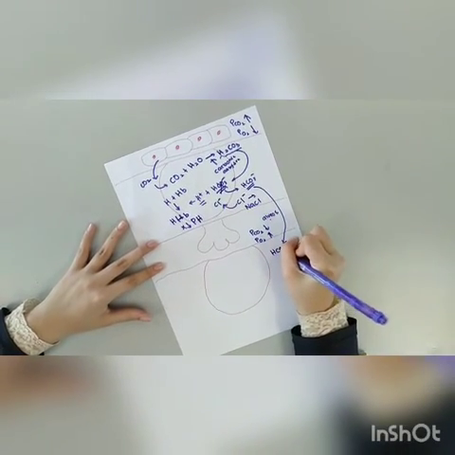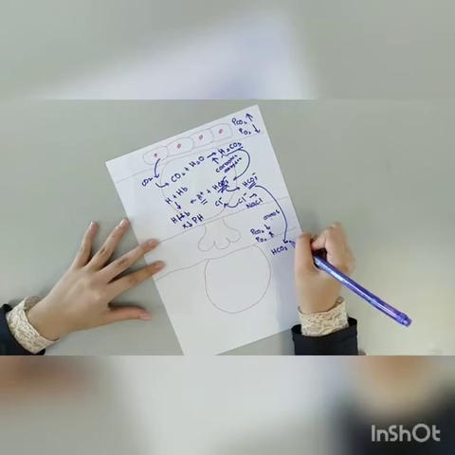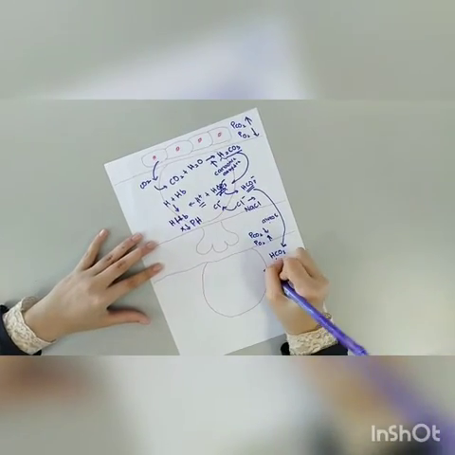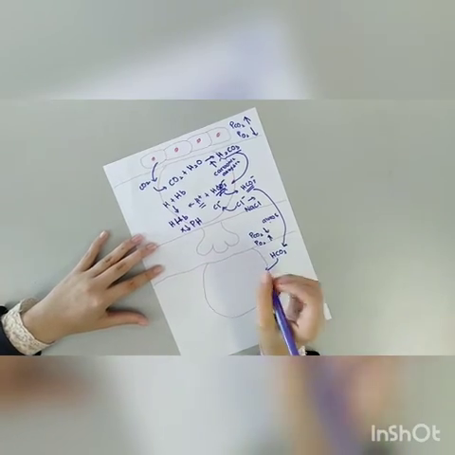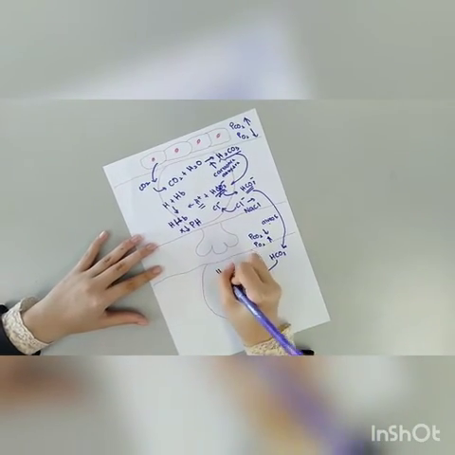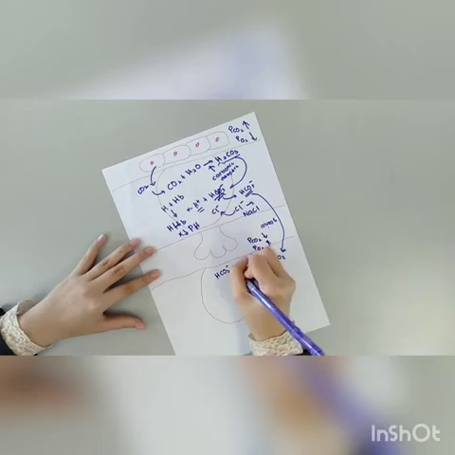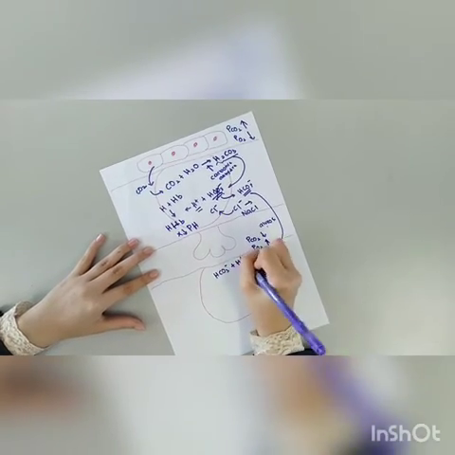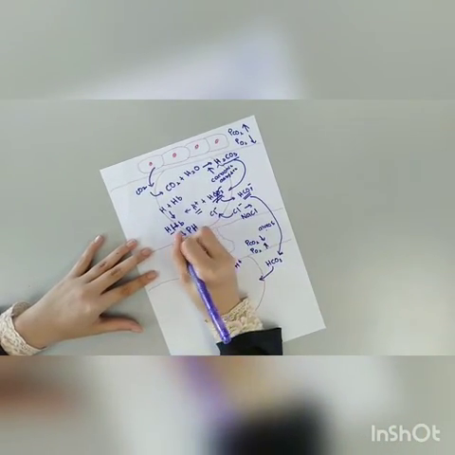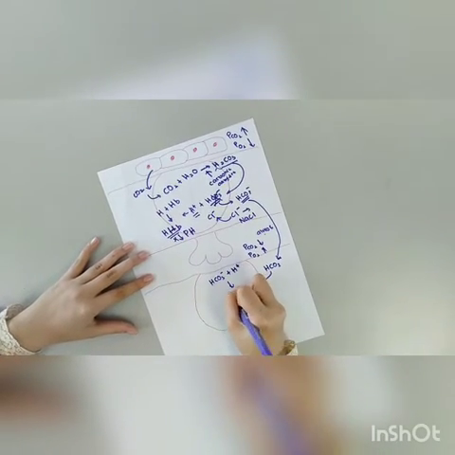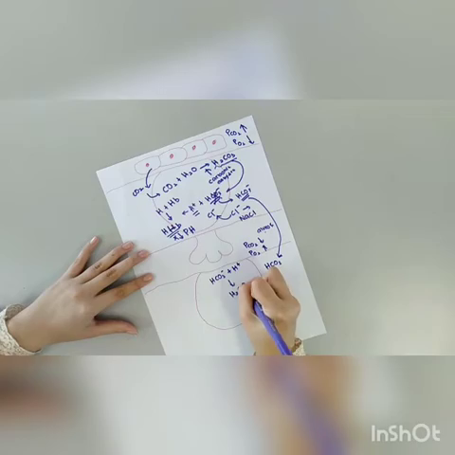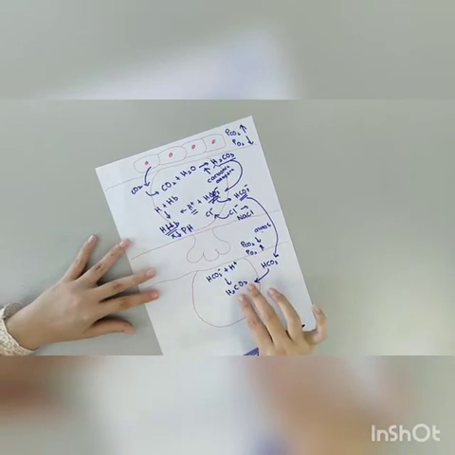So HCO3- will diffuse into erythrocyte first and combine with H+ that comes from hemoglobinic acid just now, and it will form H2CO3, which is carbonic acid.